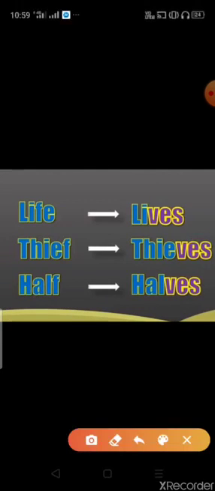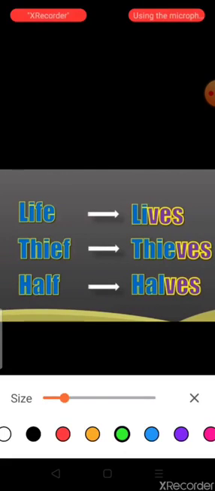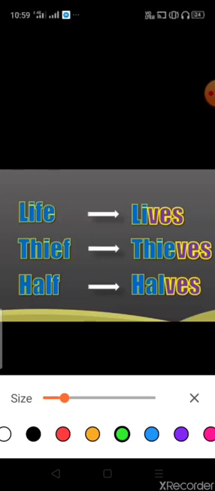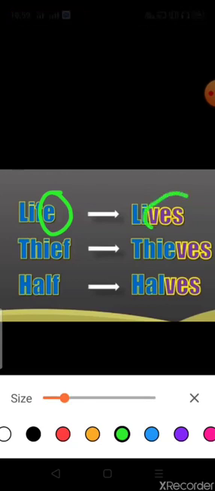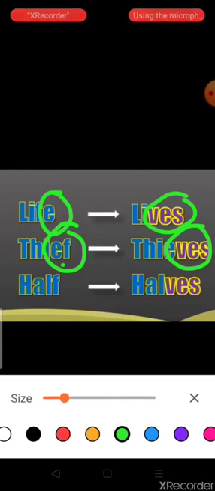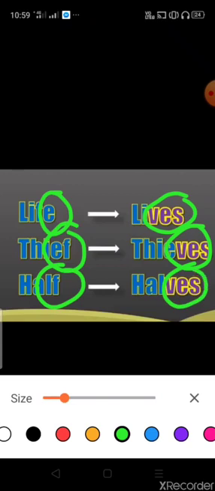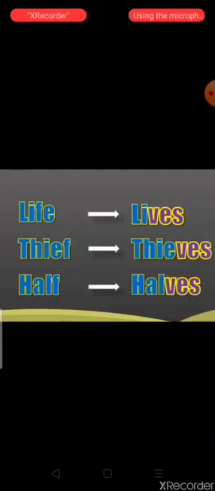These are the words which end with F or FE. Now life becomes lives, thief, thieves, half, halves, shelf, shelves, leaf, leaves, calf, calves.